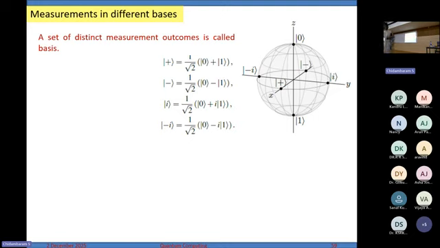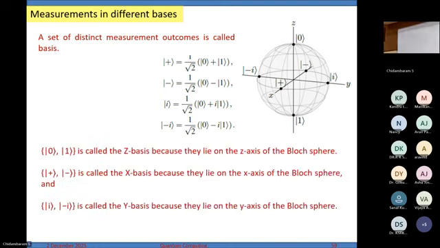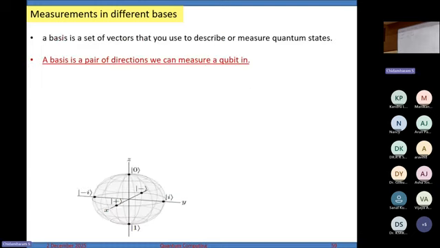You have the Y basis, in which I have plus i, then minus i. Given a qubit, I can measure it in any of these bases. So 0, 1 is called the Z basis, plus minus is called the X basis, plus i minus i is called the Y basis. Now, what is a basis? A basis is a pair of directions in which we can measure the given qubit.